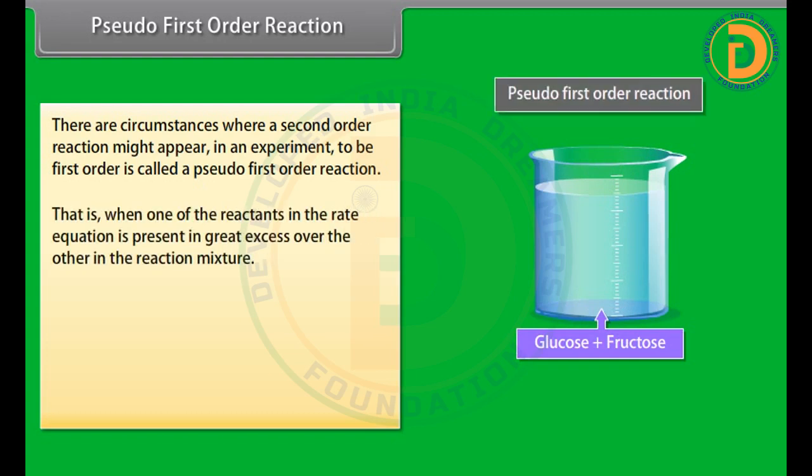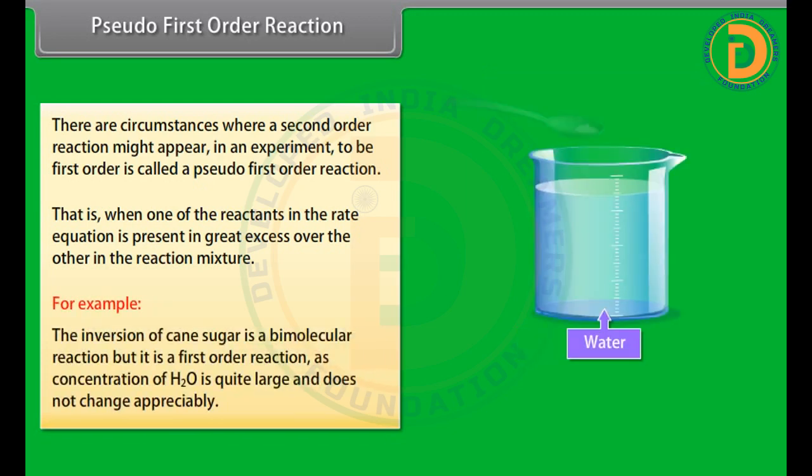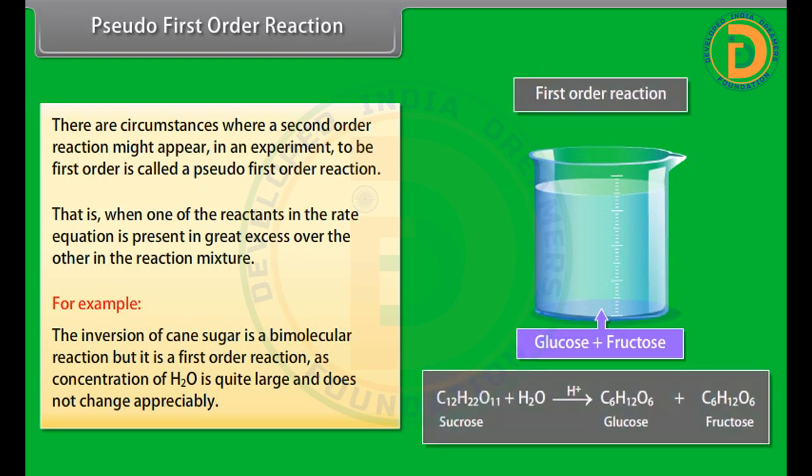That is, when one of the reactants in the rate equation is present in great excess over the other in the reaction mixture. For example, the inversion of cane sugar is a bimolecular reaction, but it is a first order reaction as concentration of H2O is quite large and does not change appreciably.